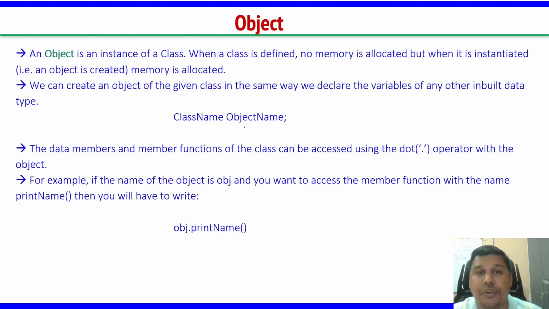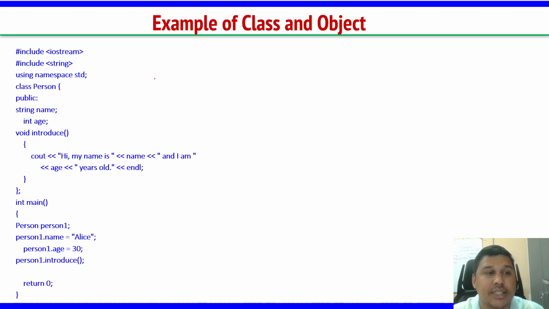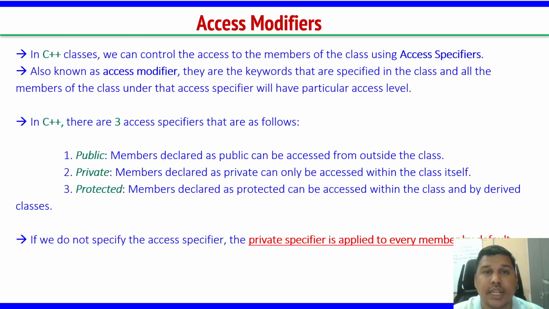When a class is defined, no memory is allocated. Only when an object is created, memory is allocated. We have seen there are 3 access specifiers or access modifiers: public, private and protected.